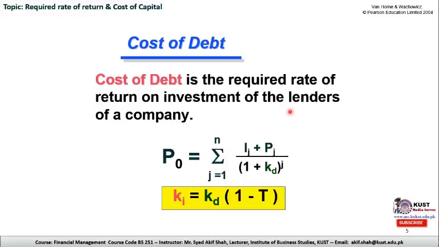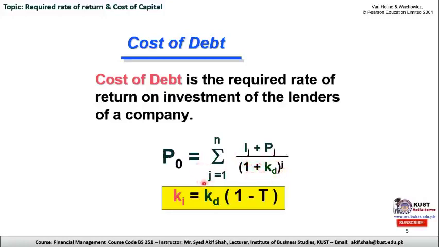How to calculate that? We have a formula: P naught is equal to the summation, j starting from 1 to n, of I subscript j plus P subscript j, the whole divided by 1 plus kd raised to the power j, or n.